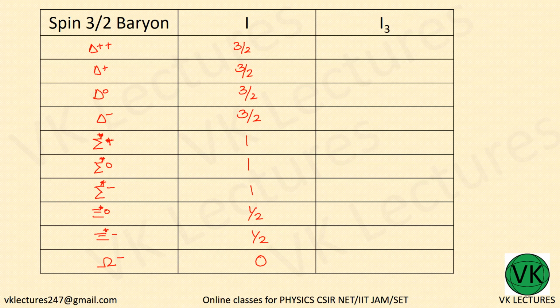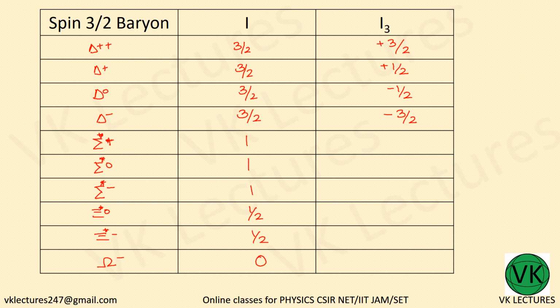Now the third component of isospin for the 4 particle group, starting with delta double plus, is plus 3 by 2. Now comes plus 1 by 2, minus 1 by 2 and minus 3 by 2. So it goes in this order.